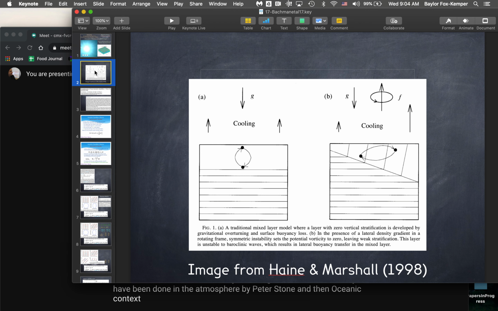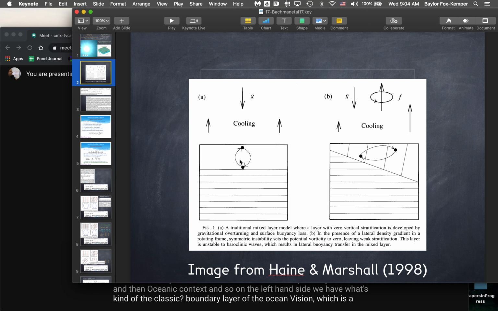On the left-hand side, we have the classic boundary layer of the ocean vision, which is a lot like the classic Monin-Obukhov boundary layer of the atmosphere. You might have winds, cooling, or heating, but you have a horizontally homogeneous and vertically homogeneous mixed layer above stratification.